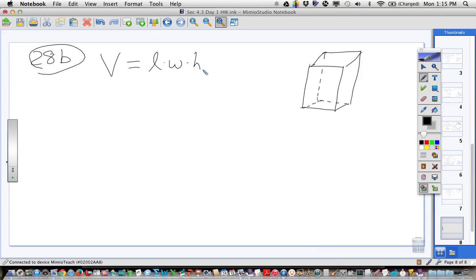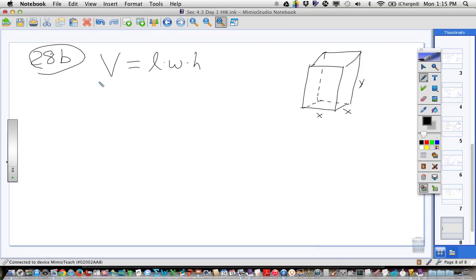Length times width times height. 3 variables, that's not good. Oh, but they said it had a square base. And I'm not crazy about using L, so maybe I'll use X. I'm going to use X, X, and Y. I mean, I don't care, use L and H, whatever. But if I use X, X, and Y, it might be nice.